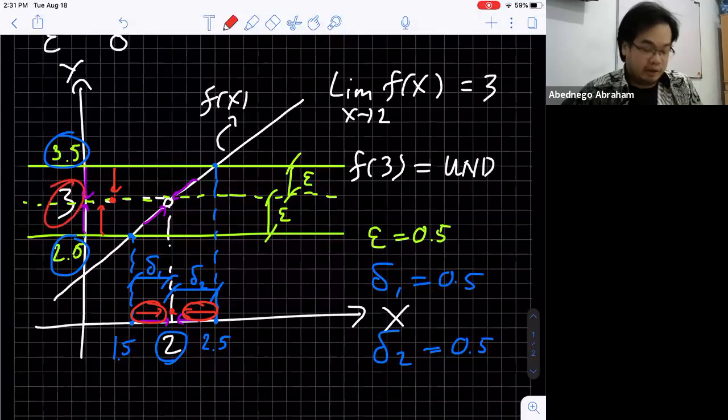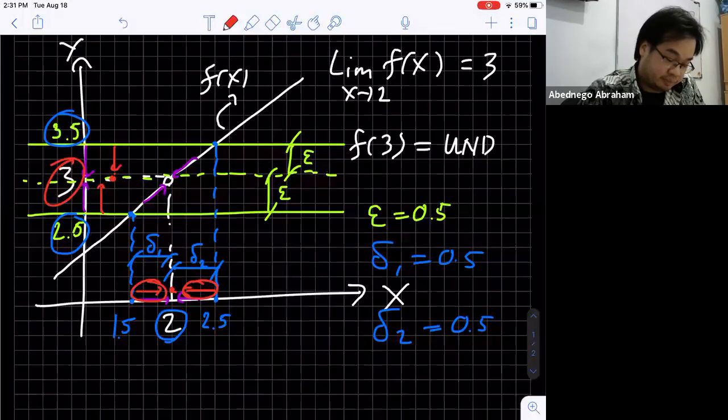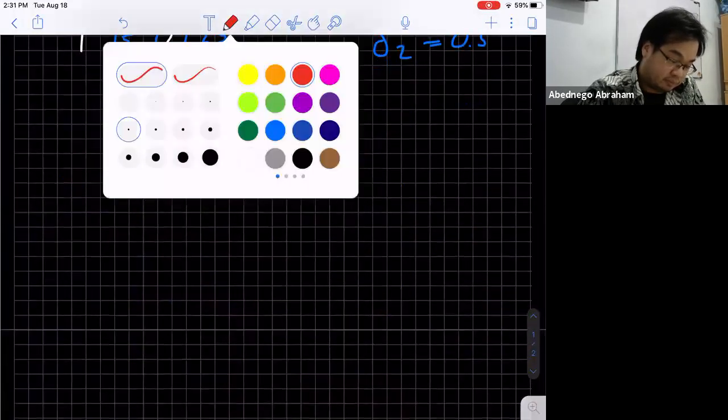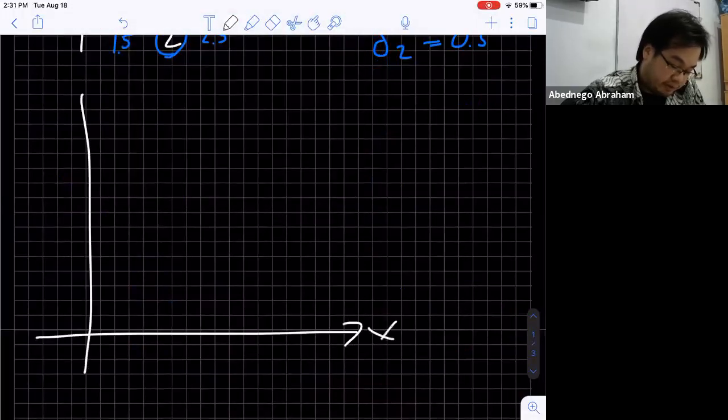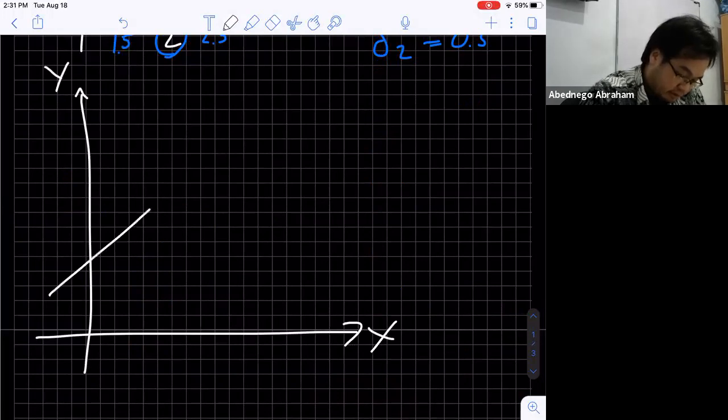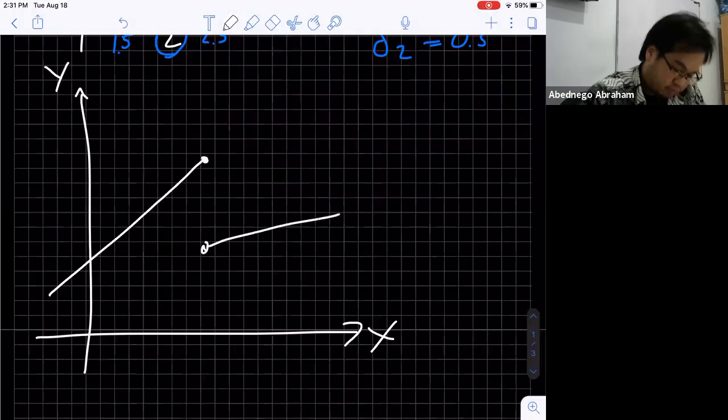Now I'm going to give you an example where the limit doesn't exist. Let's say I have another graph like this.